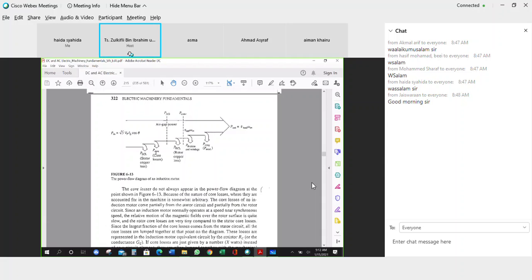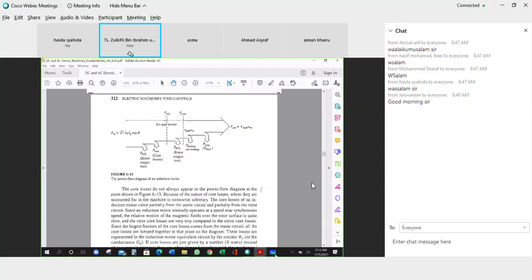And to get the converted power from the air gap power, you have to minus the rotor copper losses. And to obtain the output power, you need to remove the friction losses and also the stray losses from the converted power.